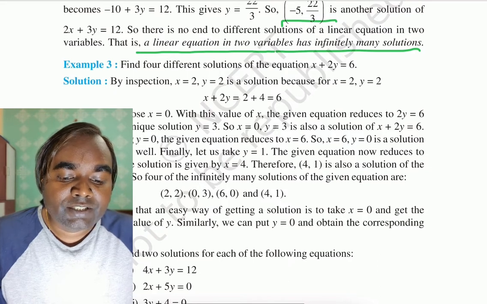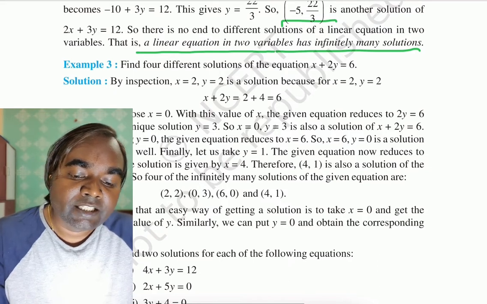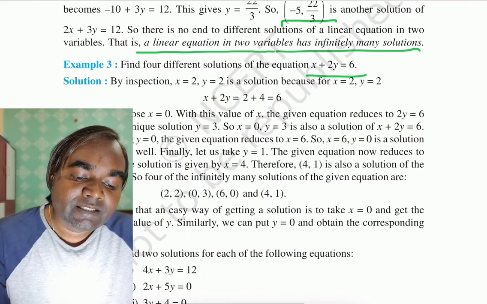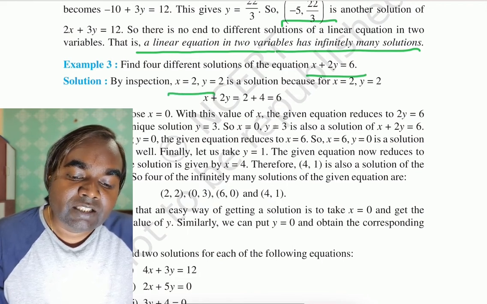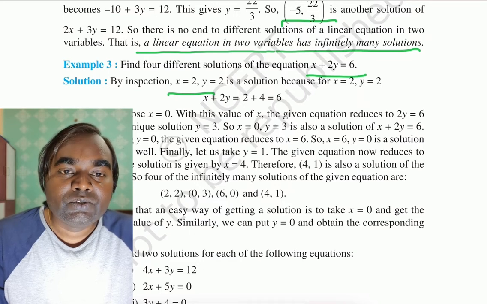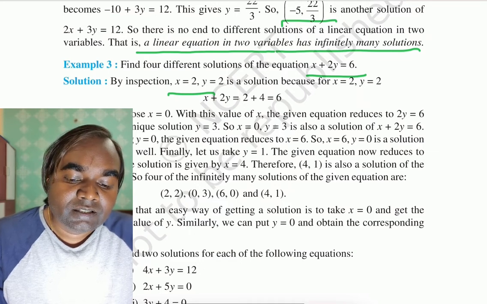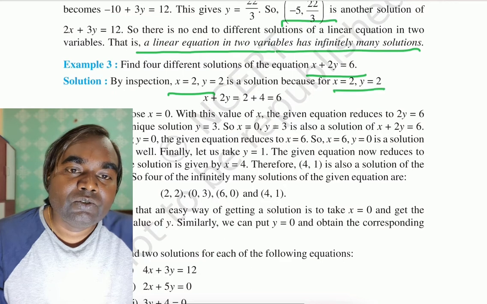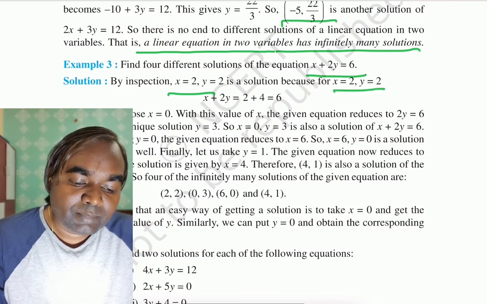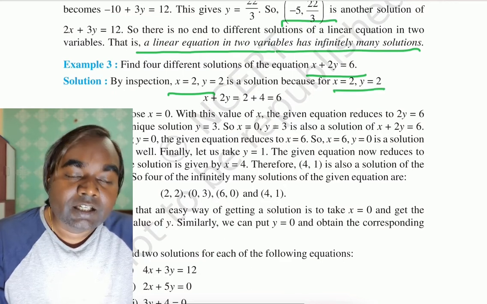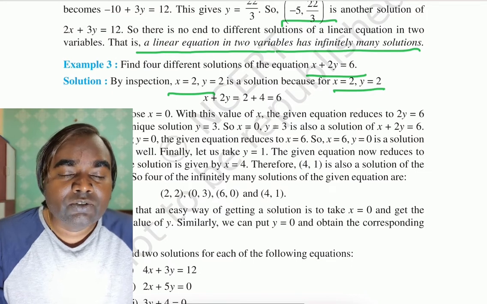Let us solve example number 3. Find 4 different solutions of the equation x plus 2y is equal to 6. By inspection, x is equal to 2 and y is equal to 2 is a solution because it satisfies the equation. Now let us choose x is equal to 0, then you will get the value of y is equal to 3.